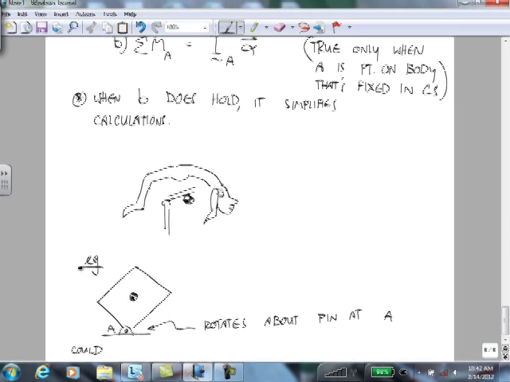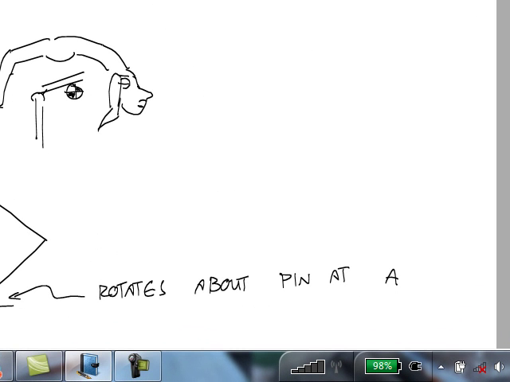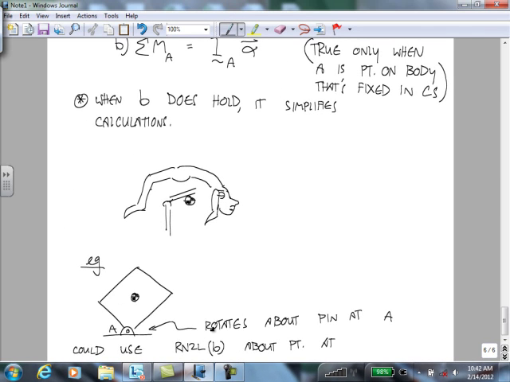In this case, you could use either one of these two equations. You know, Rn2L part B, bless you, with the about point at B.